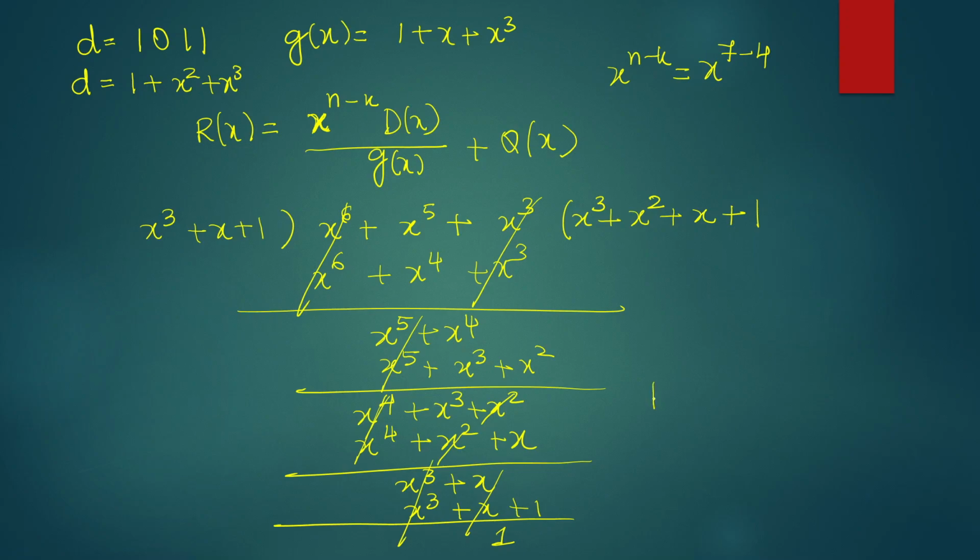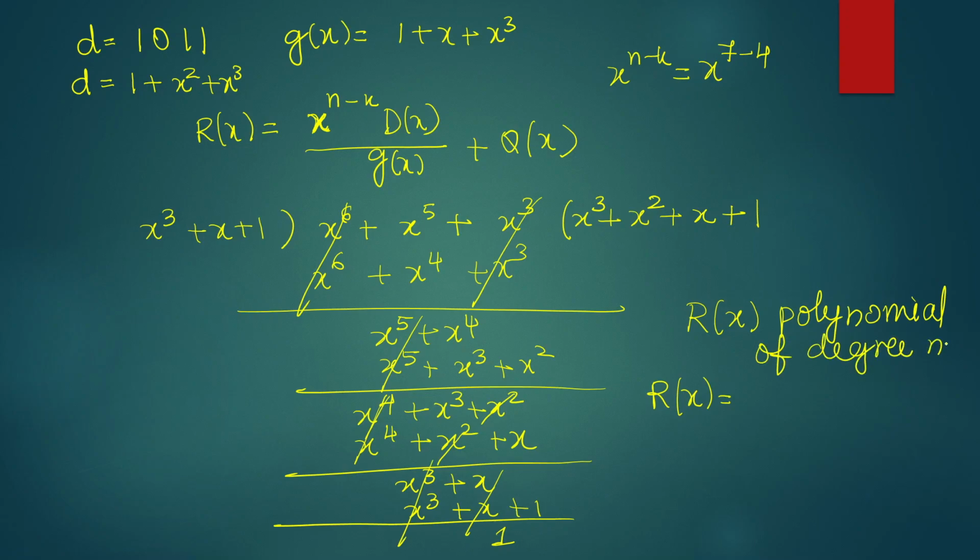If I'm writing in terms of polynomial, we already know r of x is a polynomial of degree n minus k, n minus k minus 1 actually.